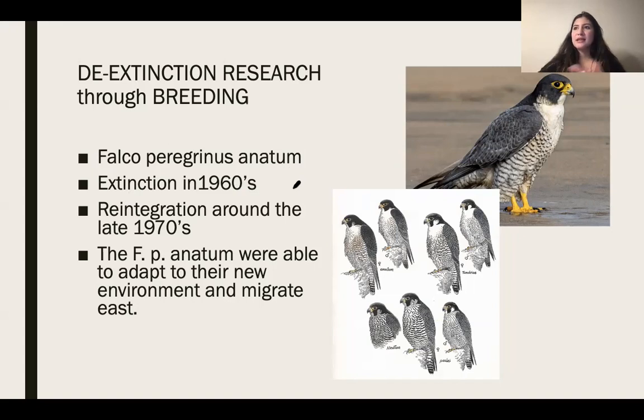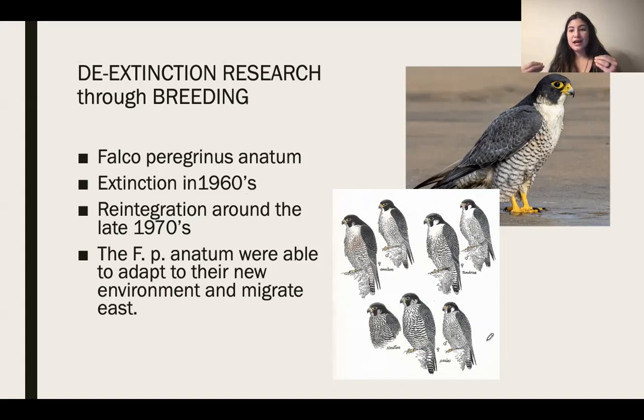Captive breeding just means that they put all the almost-extinct species into a small area, like a zoo or a controlled environment that allows them to grow and survive in a safer way. Thanks to the Peregrine Falcon Recovery Program, they were able to reintegrate them around the late 1970s, using a genetic mixture of the anatum with other subspecies.